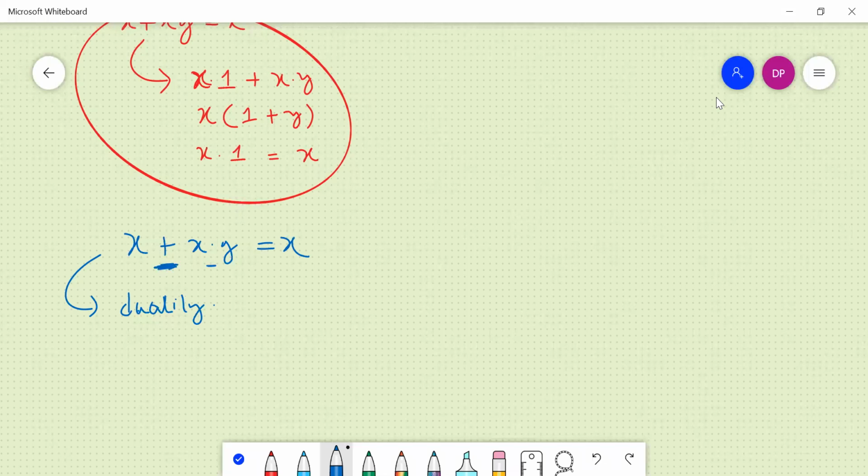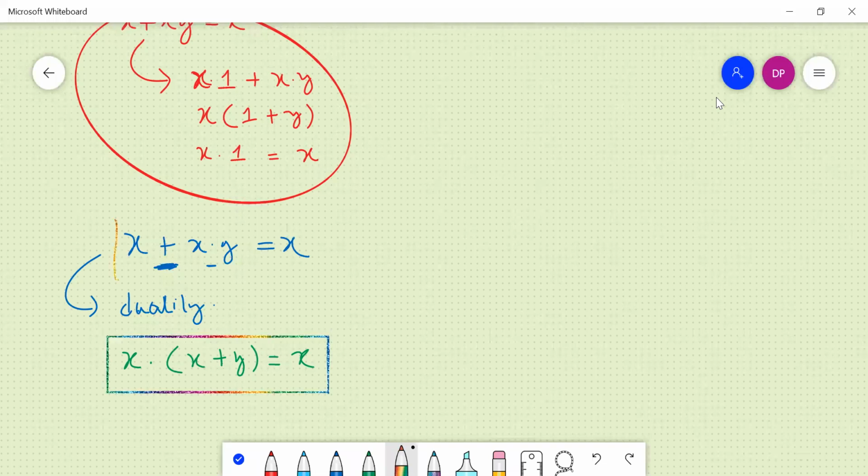We can interchange the OR gate and AND gate in the duality property. So it will be x, and with x plus y, x or with y. The answer will be x, using the duality property.